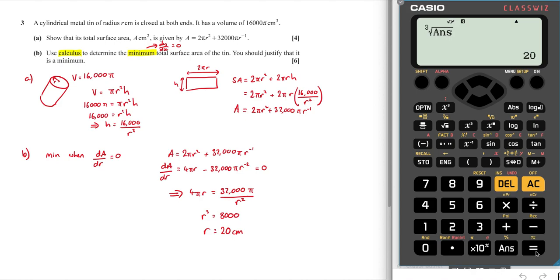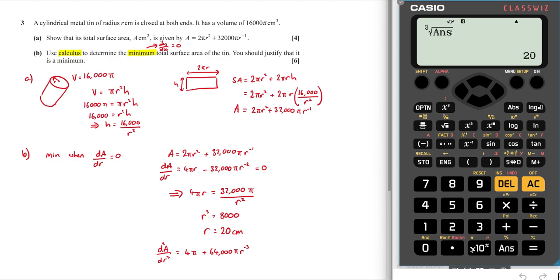So we need to determine the total surface area, so we can work out the surface area in a minute. We need to justify that it is a minimum. The best way to do this is to differentiate that once more. So d2A by dr squared is going to be 4 pi plus 64,000 pi r to the minus 3.